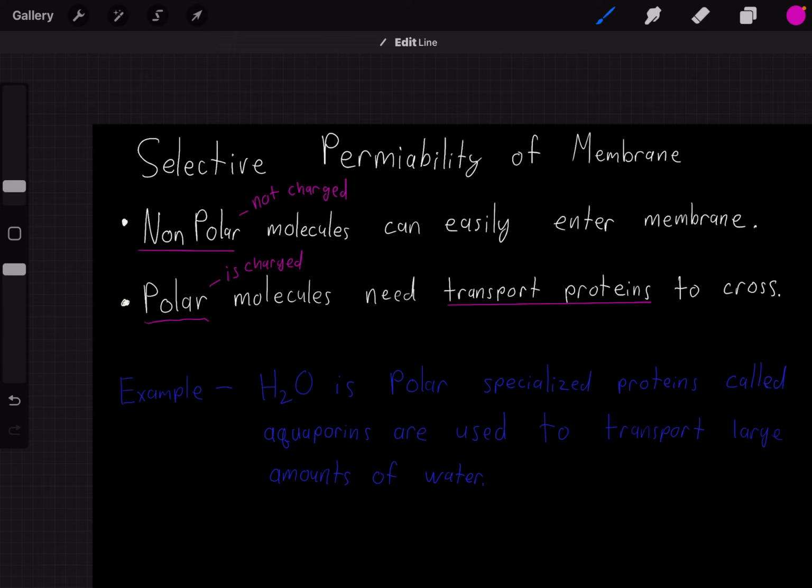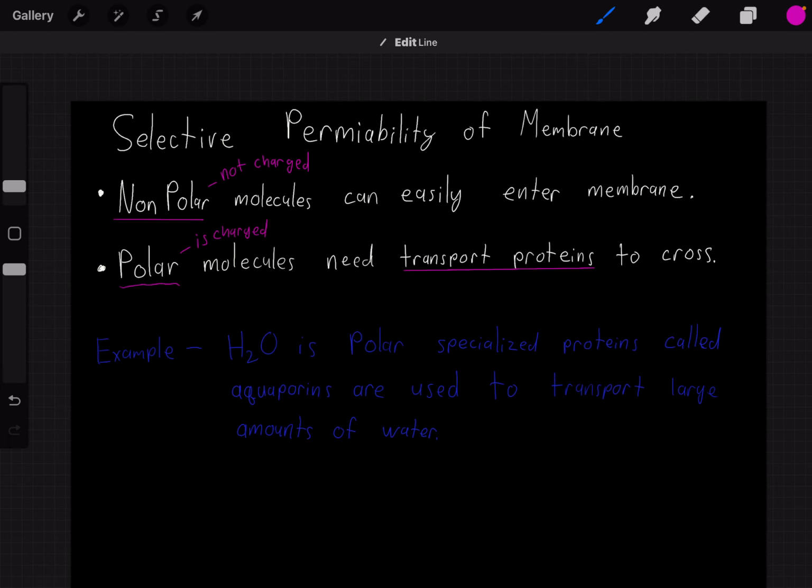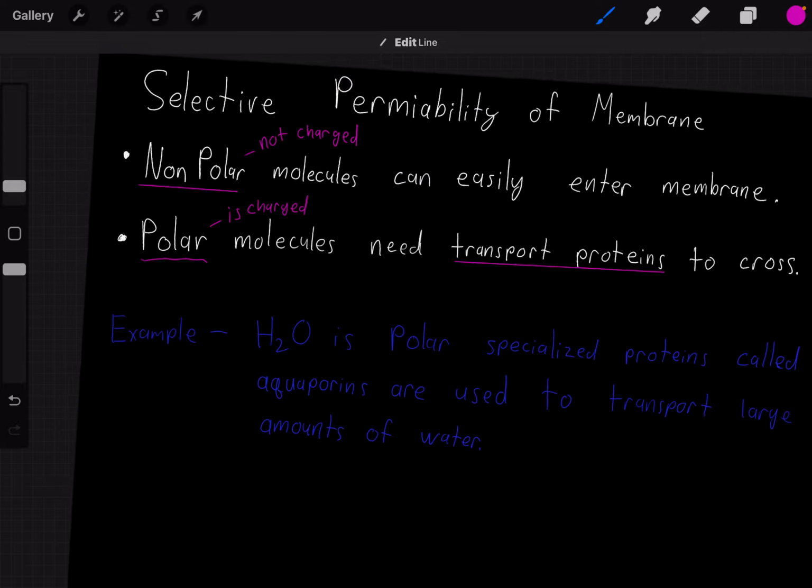However, polar molecules need proteins to help them cross the membrane. So that is what selective permeability means. Selective permeability is the selectiveness of what goes in and out of the cell. So with this nonpolar and polar mechanism, it determines what can and cannot go in the cell easily or not easily using diffusion.